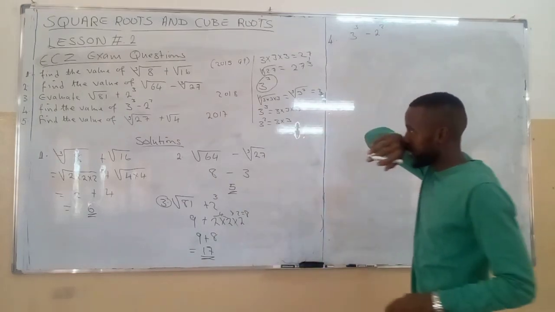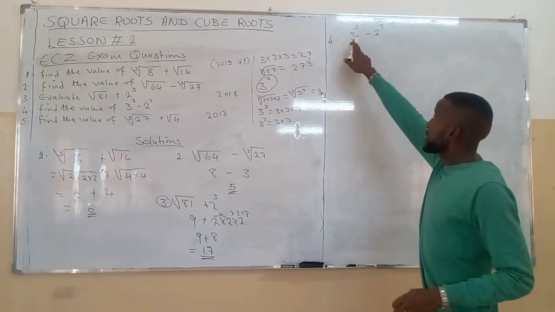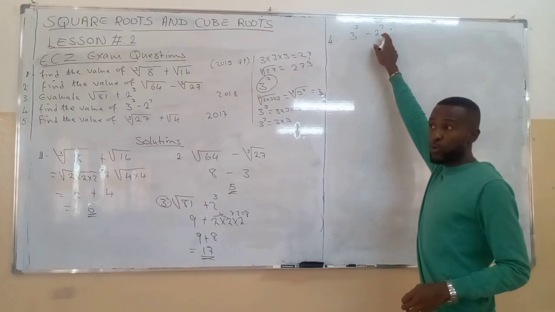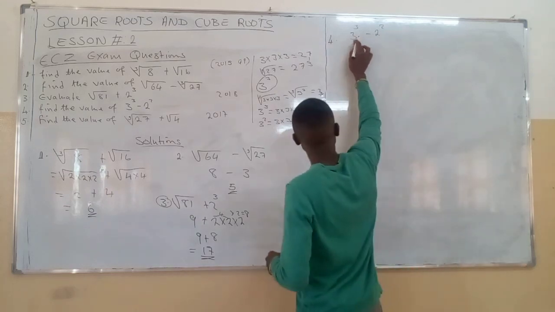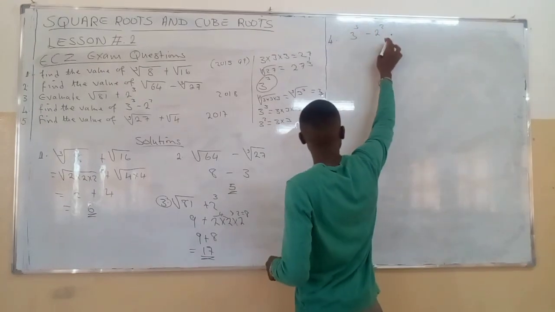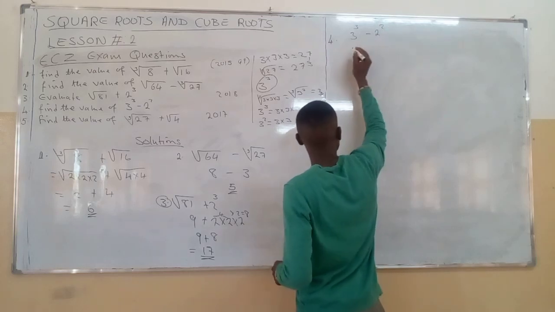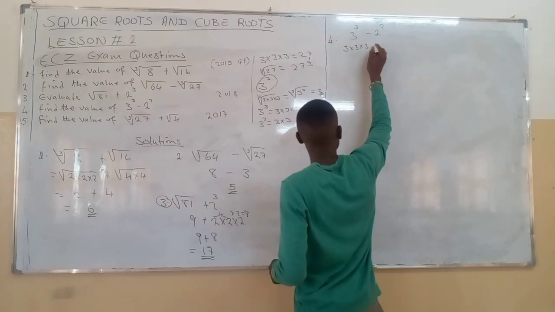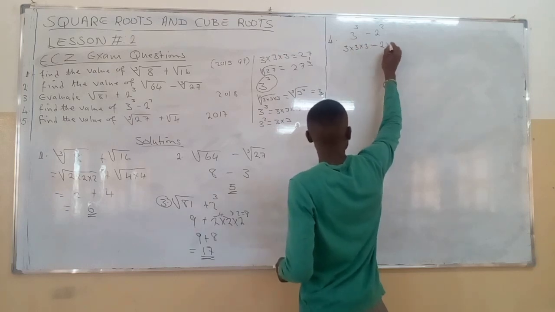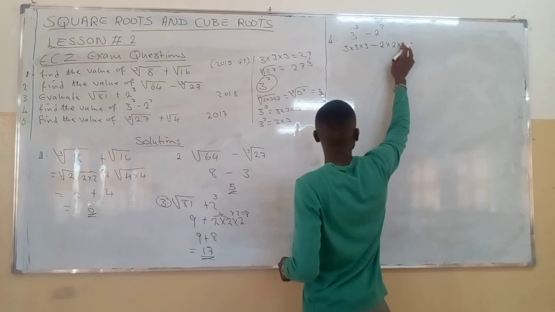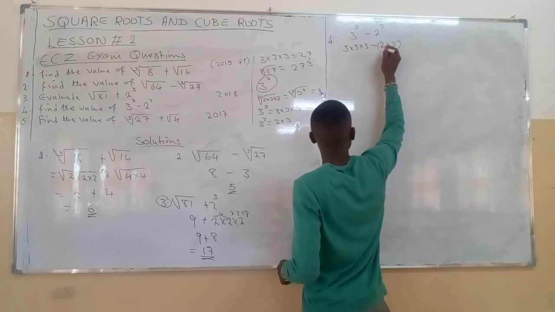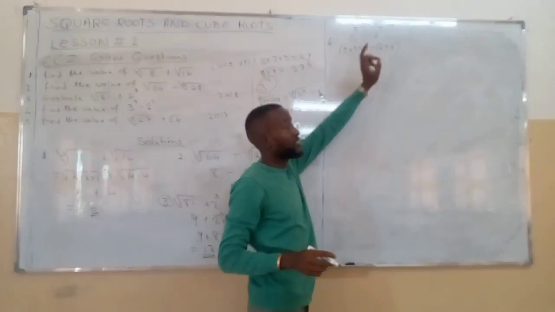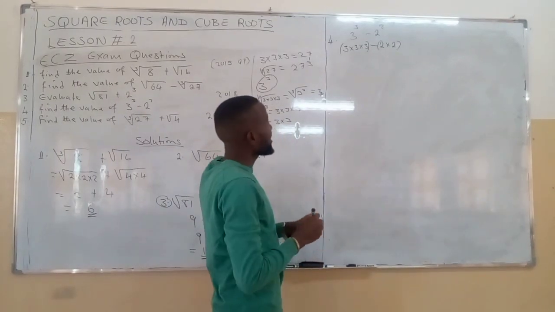So this is an index notation. This 3 is raised to power 3 and this 2 is raised to power 2. So what they simply mean is that this 3 multiplies itself 3 times and this 2 multiplies itself 2 times. So it will be 3 times 3 times 3 minus 2 times 2. If you want, you can put this in brackets so that you don't confuse yourself with the multiplication and the subtraction sign there.